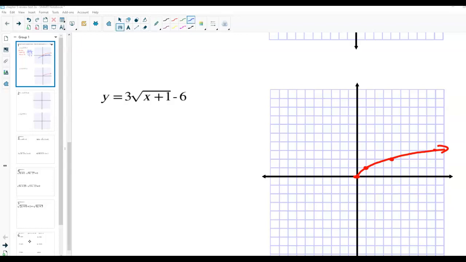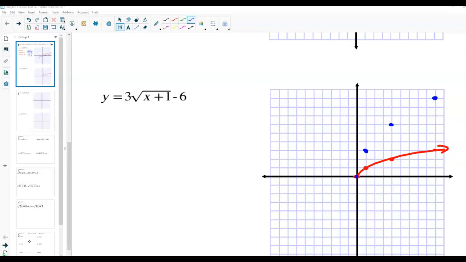This becomes (0, 0), but (1, 1) becomes (1, 3). (4, 2) becomes (4, 6). (9, 3) becomes (9, 9).